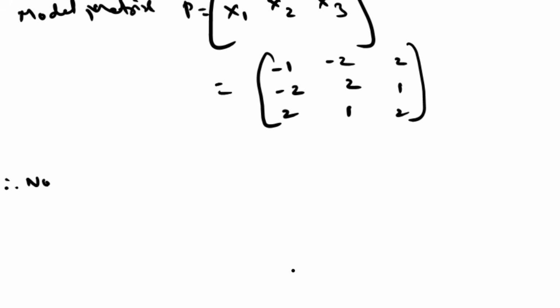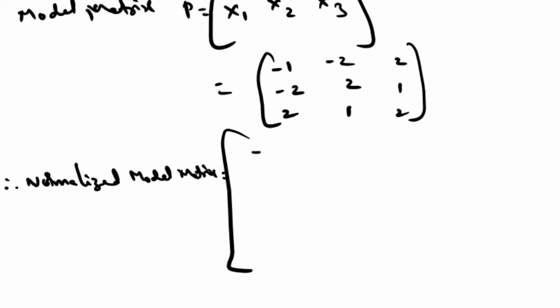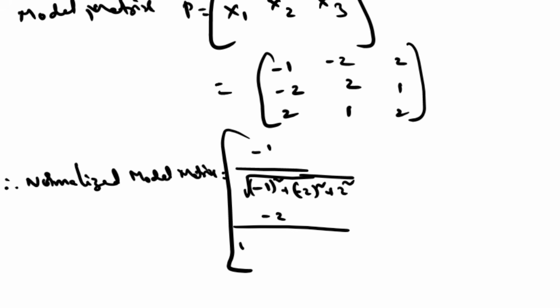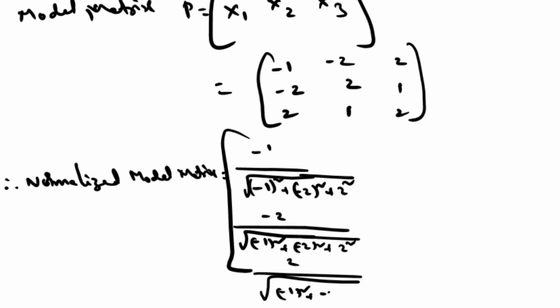Therefore the normalized model matrix is: -1 by the square root of (-1) squared plus (-2) squared plus 2 squared, -2 by the square root of the same, 2 by the square root of the same.